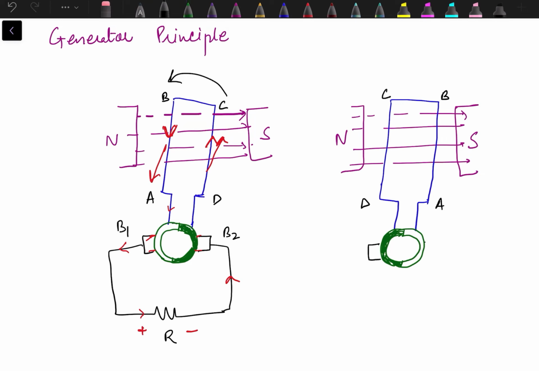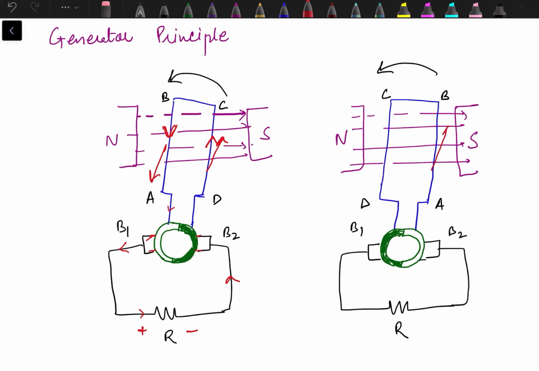Since the brushes are fixed, B1 is over here, B2 is over here, and here we have the resistance, or we can say the load. This is rotating again in anti-clockwise direction. Now conductor AB is experiencing force in upward direction and CD is experiencing force in downward direction.